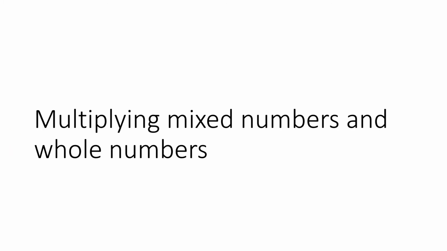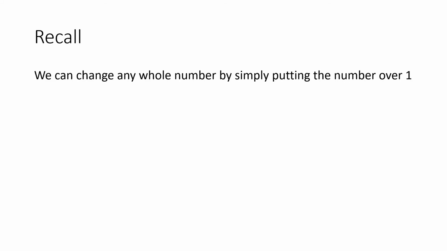Now let's try something a bit easy. Not really. Multiplying mixed numbers and whole numbers. Now let's recall a few things, okay? We can change any whole number by simply putting the number over 1.